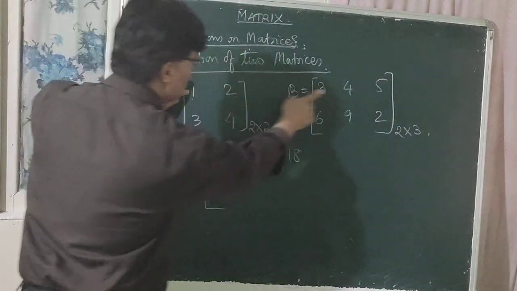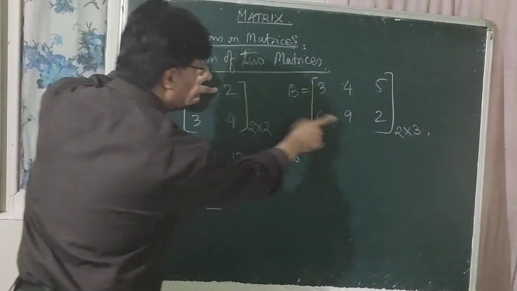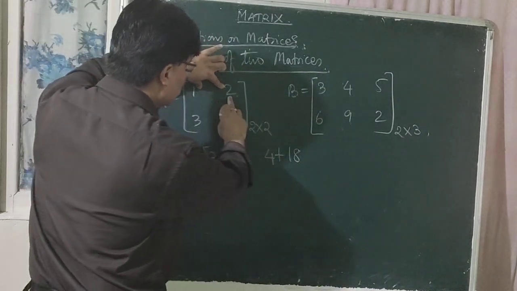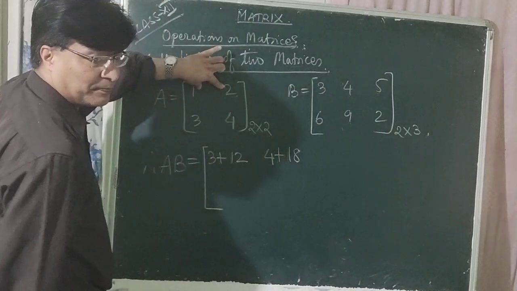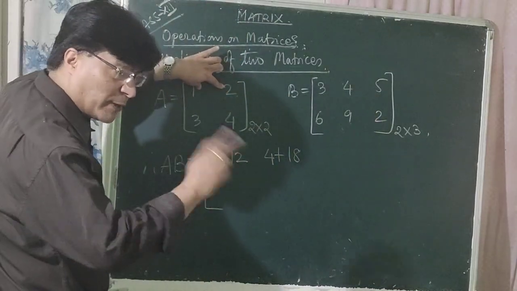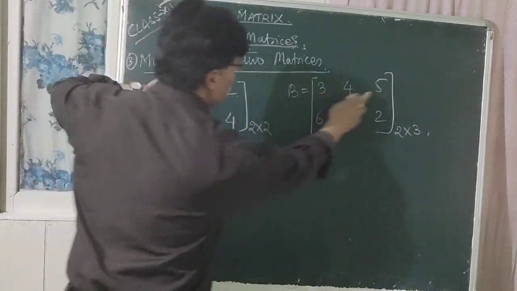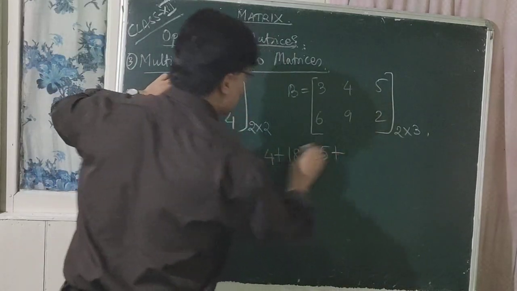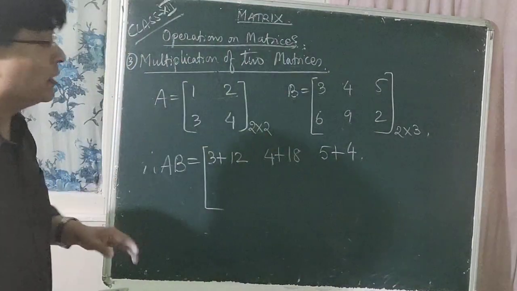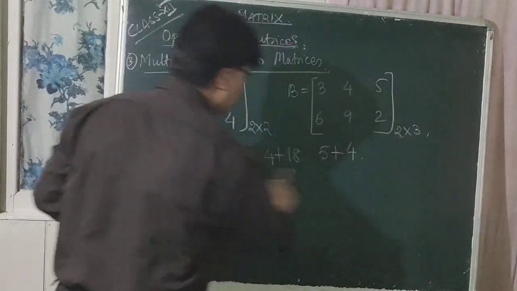Again, this first row is multiplied by the third column. The corresponding elements should be multiplied. That is 1 times 5 is 5 plus 2 times 2 is 4. Is it clear now? Now we have finished this first row.